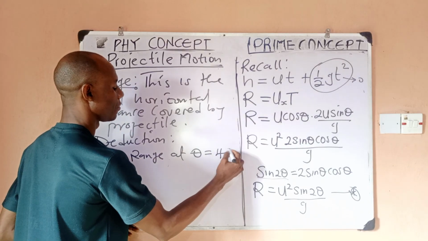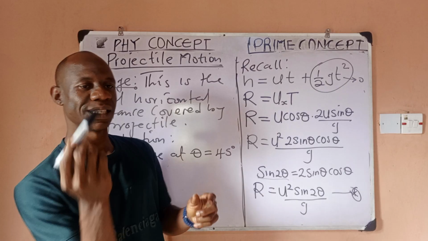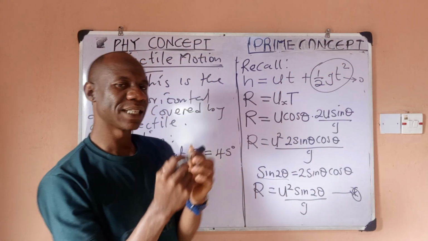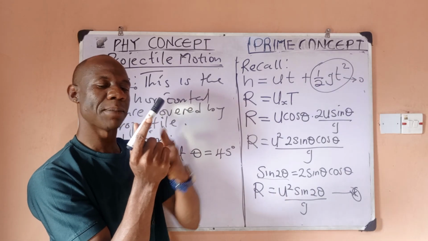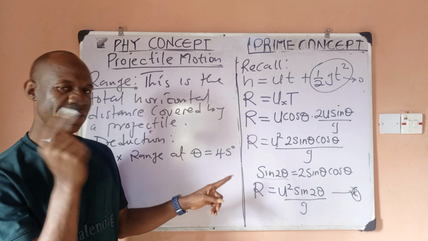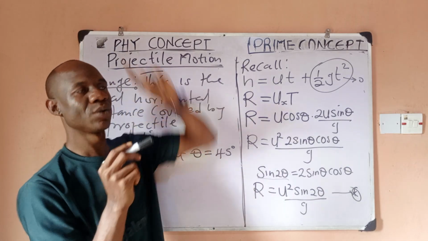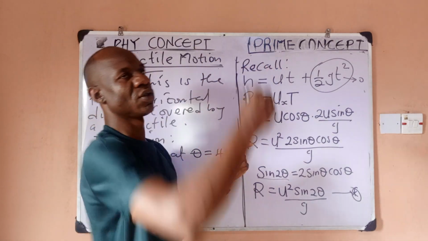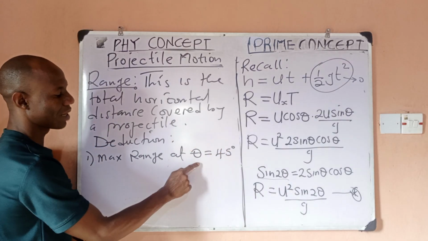When we say maximum range, if I'm projecting this marker and I want it to travel very far, it means I should project in such a way that the angle this marker makes with the horizontal is 45. If I can project this at an angle such that theta is 45, this thing will travel a far distance compared to somebody that just throws it without checking the angle. So it means the maximum horizontal distance is covered when theta is 45.